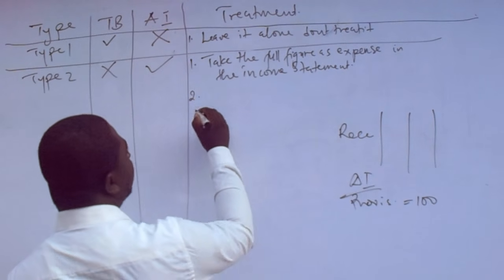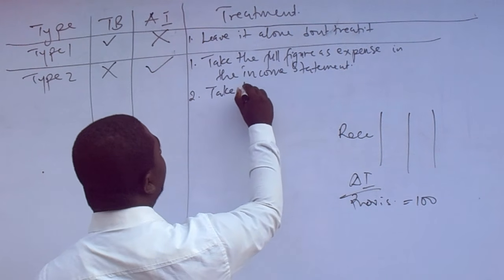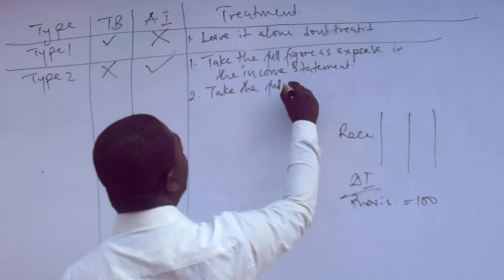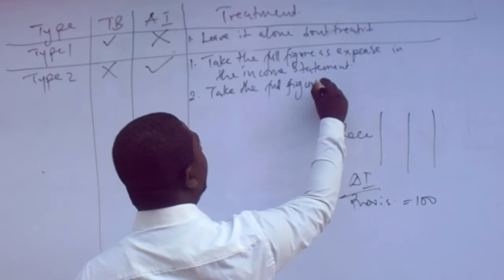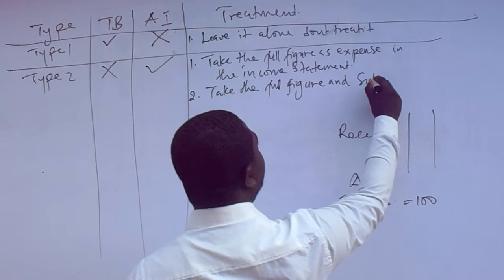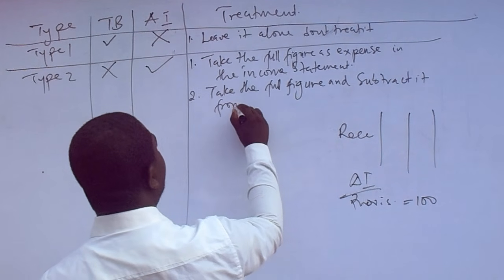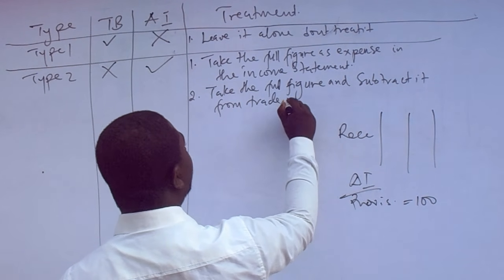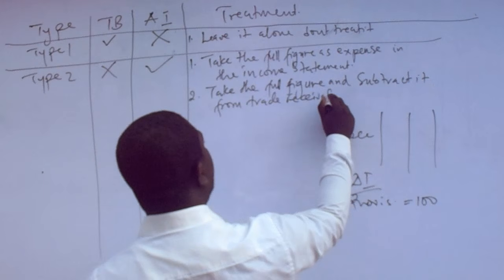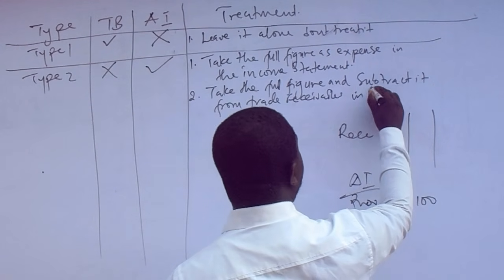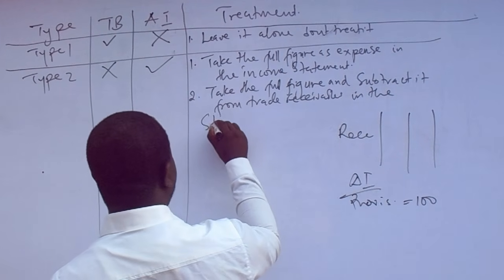So the second treatment is that you take the full figure and subtract it from the trade receivables figure in the statement of financial position.